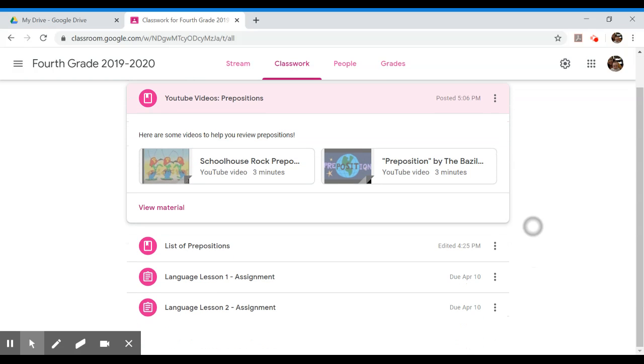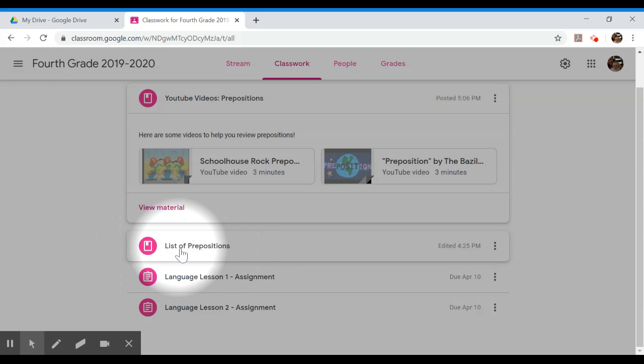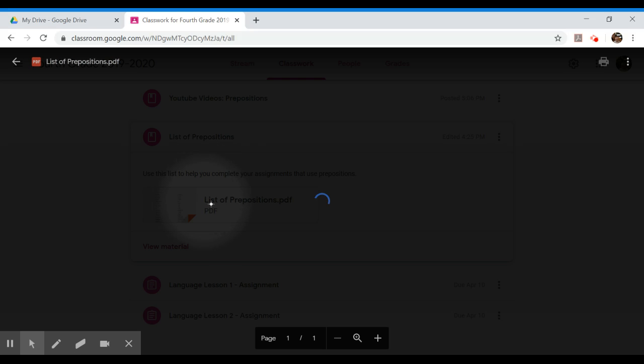Okay? So, if you need more review, I want you to go watch those two videos to review what it means by what position you are in. But if you look at this next material right here, list of prepositions, this material is the list of prepositions that I want you to remember, okay?